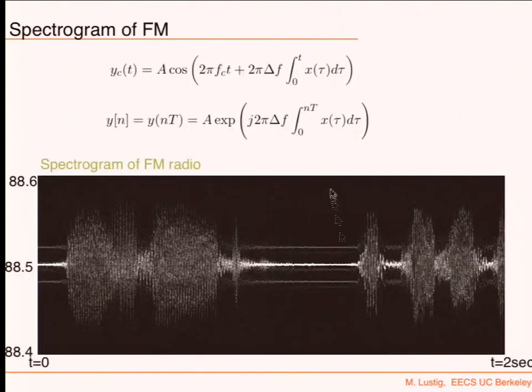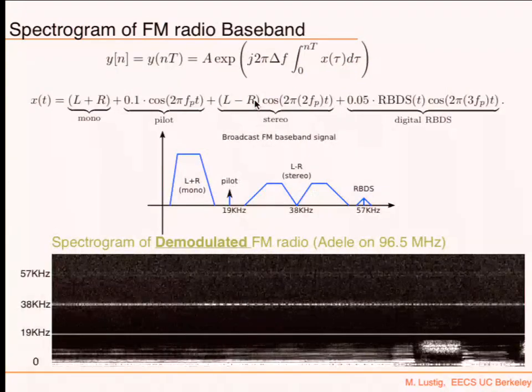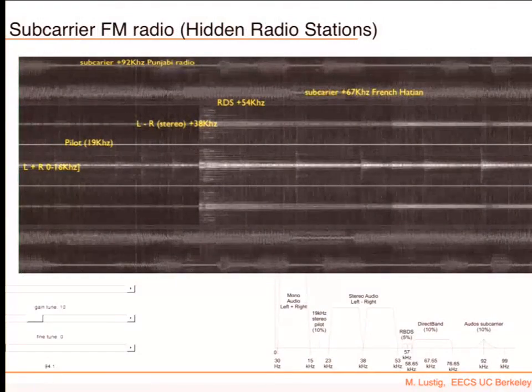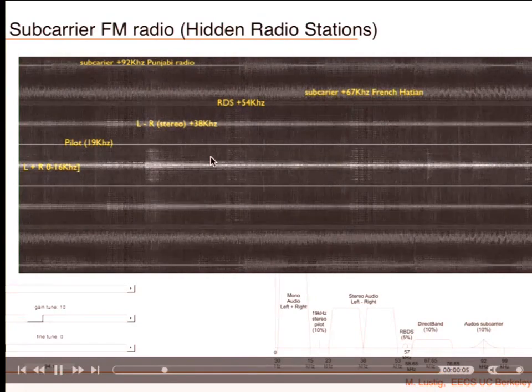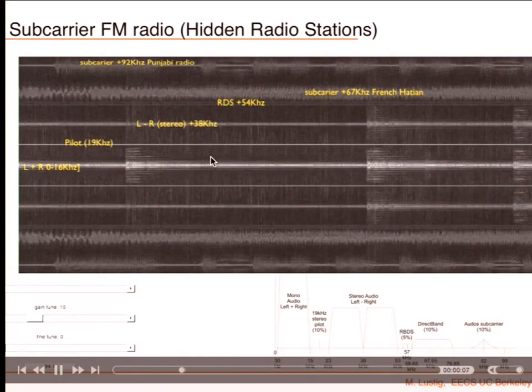Here's an example of a spectrogram of FM radio. I'll explain this next time because we're running out of time. One of the cool things we could do with SDR is look at the spectrum of FM radio, for example 94.1 KPFA.